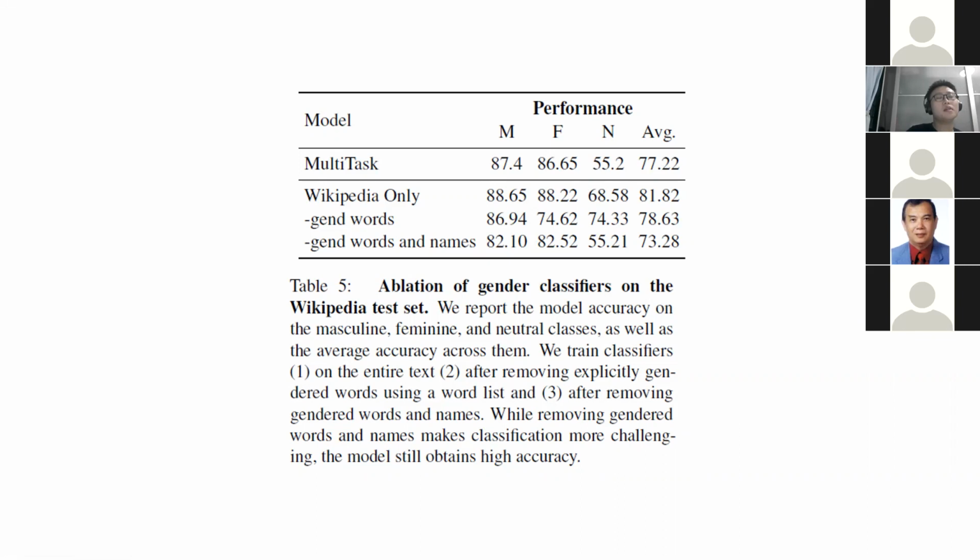Since it still manages to obtain high accuracy, it suggests that the words in the data set which are not explicitly gendered and are not names still contain sufficient gender information for us to have a relatively high accuracy when predicting the classes.